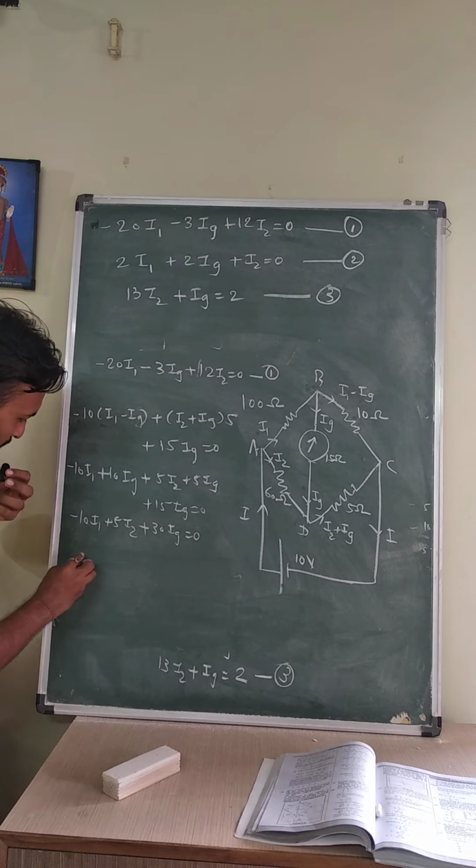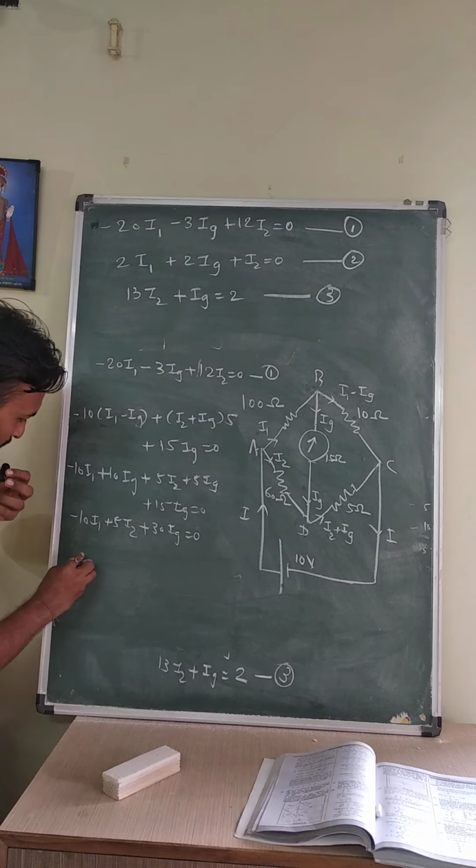So that will be plus, plus, plus. This will get cancelled. So 2 I2 and 63 minus 63 Ig equal to 0. So 2 I2 is equal to 63 Ig.